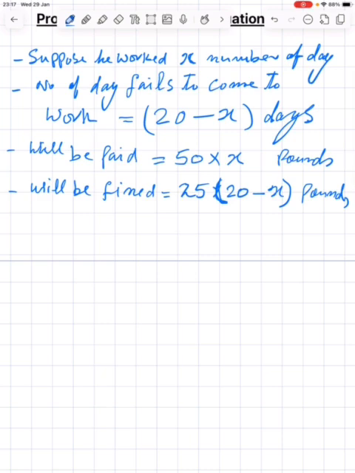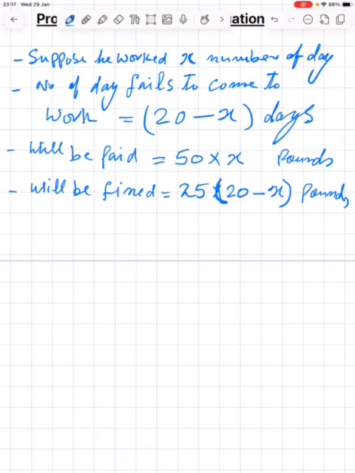Now if you look at it, whatever he's paid, 50X, the fine, 25 into (20 minus X), will be taken out of this 50X. This time it will be minus, not plus. The fine will be subtracted from his income.